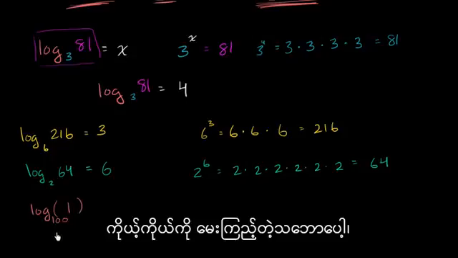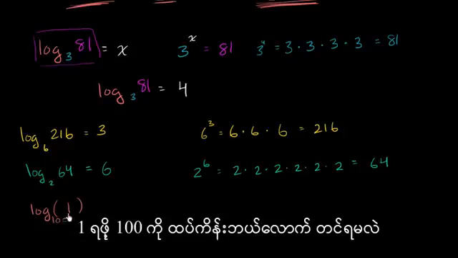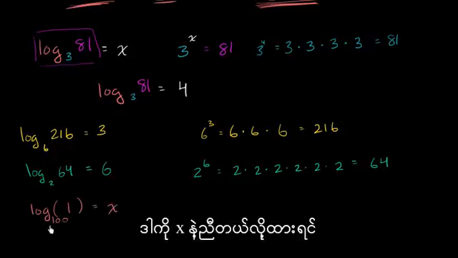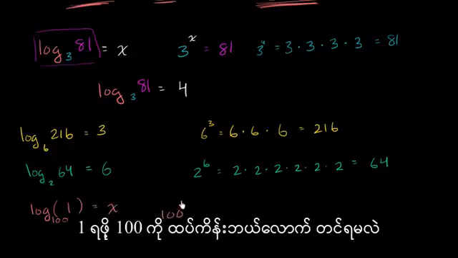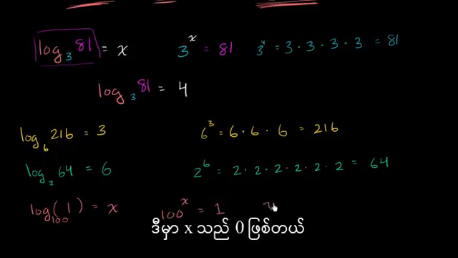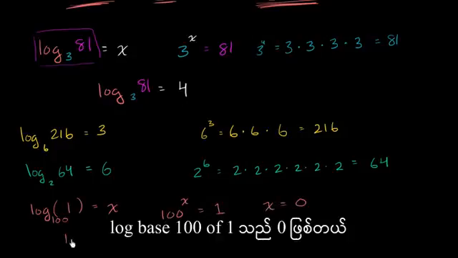Well, we're asking ourselves, what power do I have to raise 100 to get to 1? So let me write this down as an equation. If I set this to be equal to x, this is literally saying 100 to what power is equal to 1? Well, anything to the 0th power is equal to 1. So in this case, x is equal to 0. So log base 100 of 1 is going to be equal to 0.